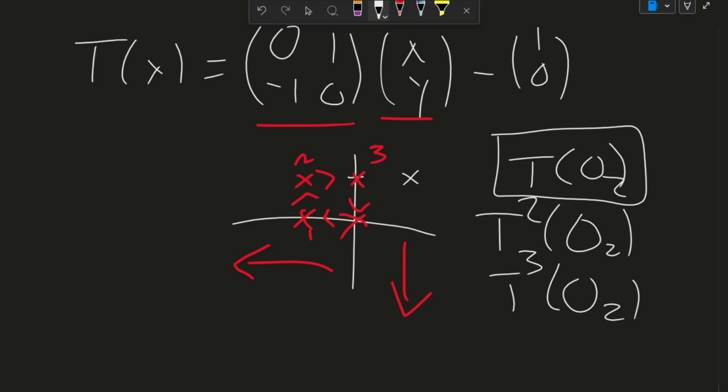I was at point 1, but I was also looking to the left. And then t squared applied to 0, so applying t again is kind of like saying I'm at t2, but I'm looking up. And so this is kind of how I came to what C-frames are, which is this.